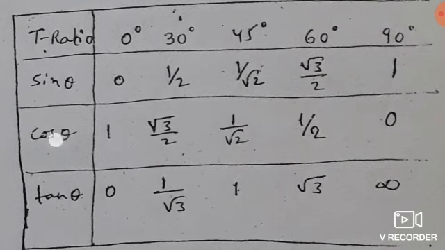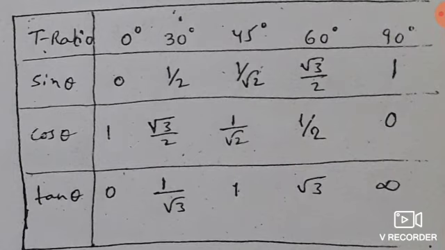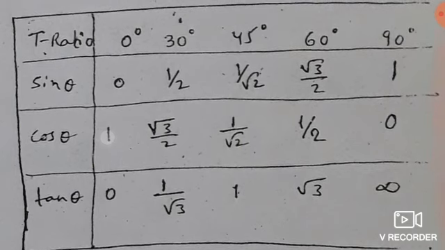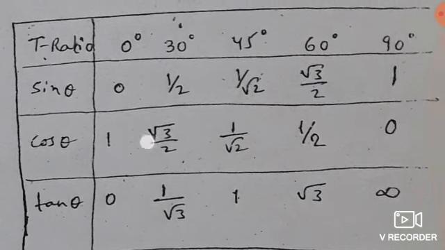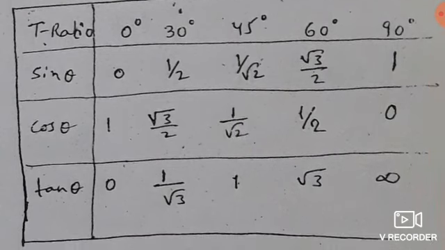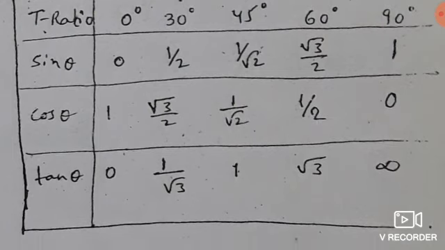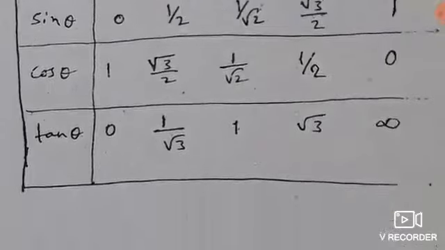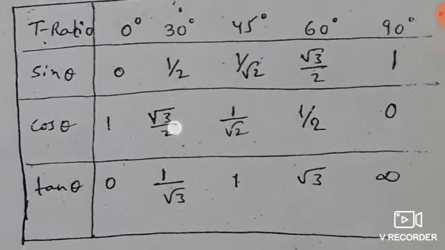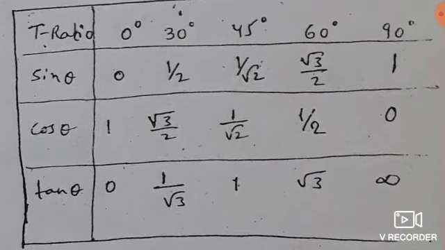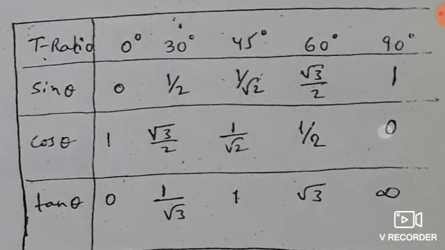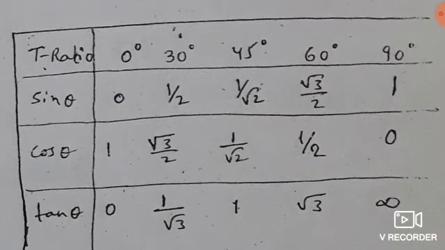And for cos theta it will be just the reverse. Cos 0 degree is 1, cos 30 degree will be root 3 by 2, just reverse. Cos 45 has the same value. Cos 60 degree will be 1 by 2, which is just diagonally like this, and cos 90 degree will be 0, which is the value of sin 0 degree.